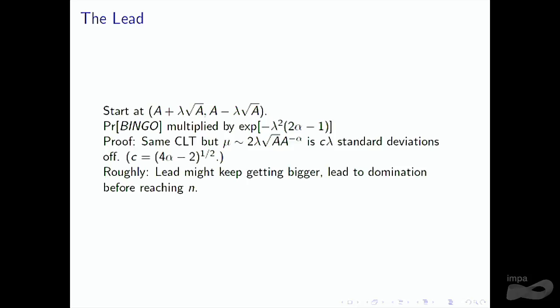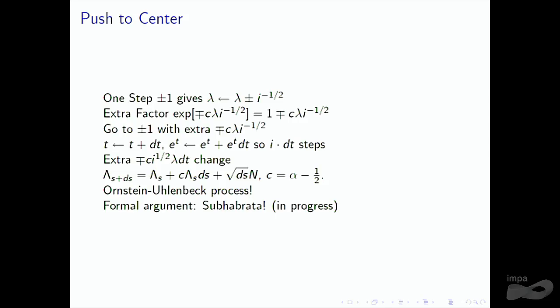Another way of thinking of this is that if you're ahead by square root of A, you've got a pretty good chance of then later being ahead by 2 square root of A. And of course, these are continuous. And then from 2 square root of A, you've got a really good chance of being ahead by 3 square root of A. And this is the right scaling, and then it just keeps going and going and going. So that's another way of looking at it.